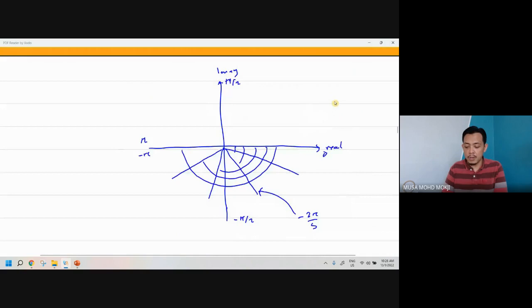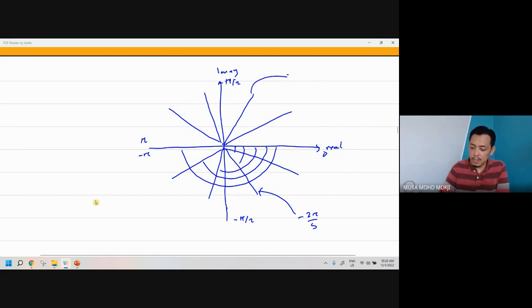So if you count, this is 1, 2, 3, 4, 5. We did 8, so maybe we have another one: 1, 2, 3, 4, 5, 6, 7, 8. So this one is actually minus 8 pi over 5.